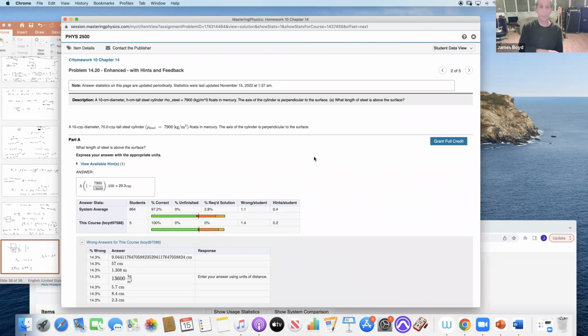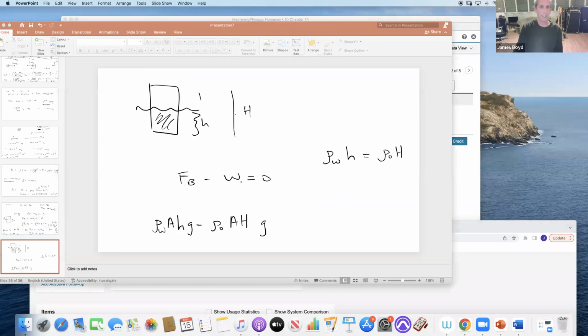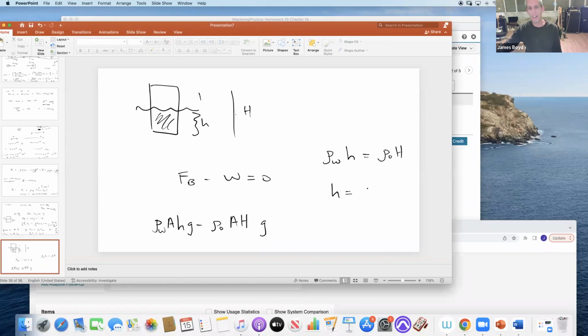It floats in mercury, okay? And mercury has, yeah, I was right before. Sitting there looking at this and I'm like, man, that means that the height is going to be the density of the object over the density of water times H, and this would have been 79,000 over 1,000, which would have meant the height is greater than the height that's out. It wouldn't have made any sense.